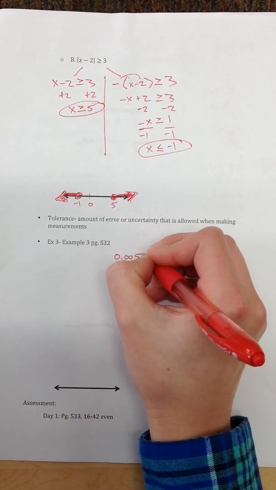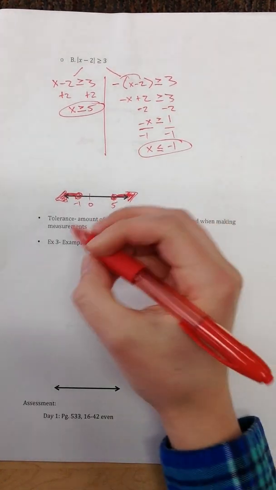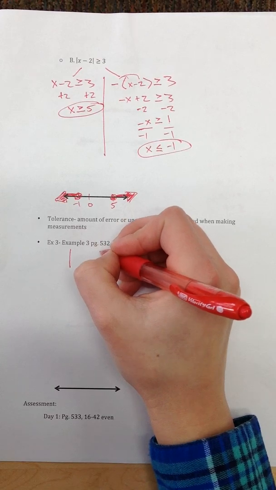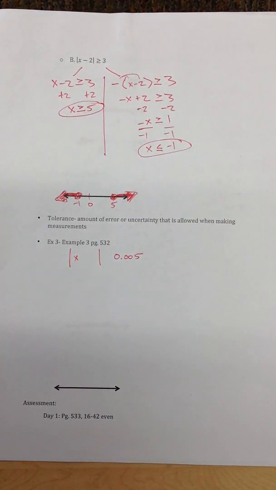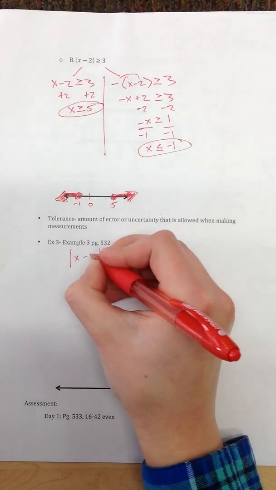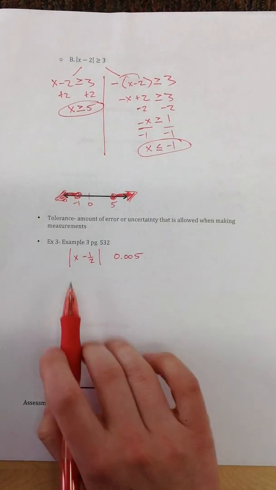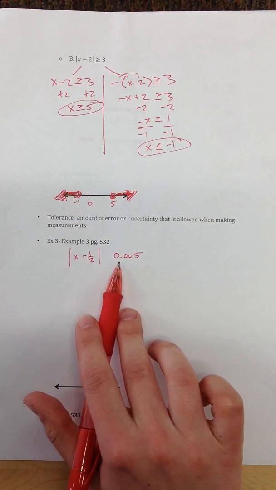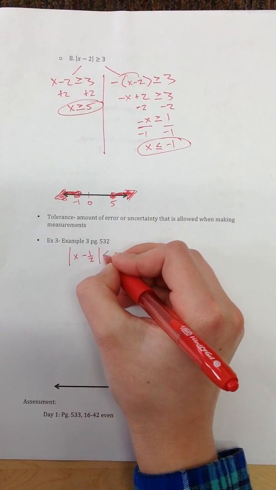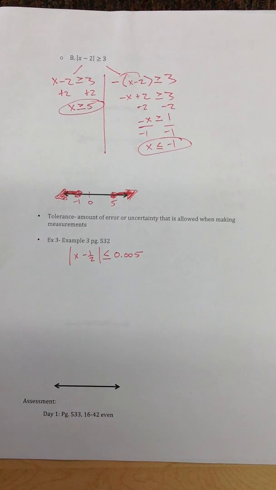Then you can put these inside absolute values: the absolute value of x, our measurement, minus the 1/2 inch that the bolt actually is. Since this is the error part, we want that to be smaller than 0.005, and it could also equal that amount, so you can have an equal to sign there.